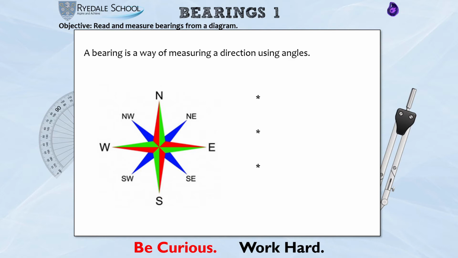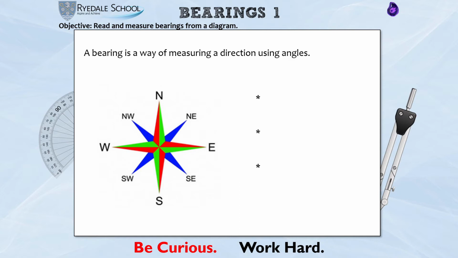We've got north, east, south and west going clockwise round. They're called the cardinals, and in between those we've got the intercardinals, which are northeast, southeast, southwest, northwest. And I'm sure you've probably all heard different rhymes for remembering the order of the compass, like never eat shredded wheat or naughty elephant squirt water.